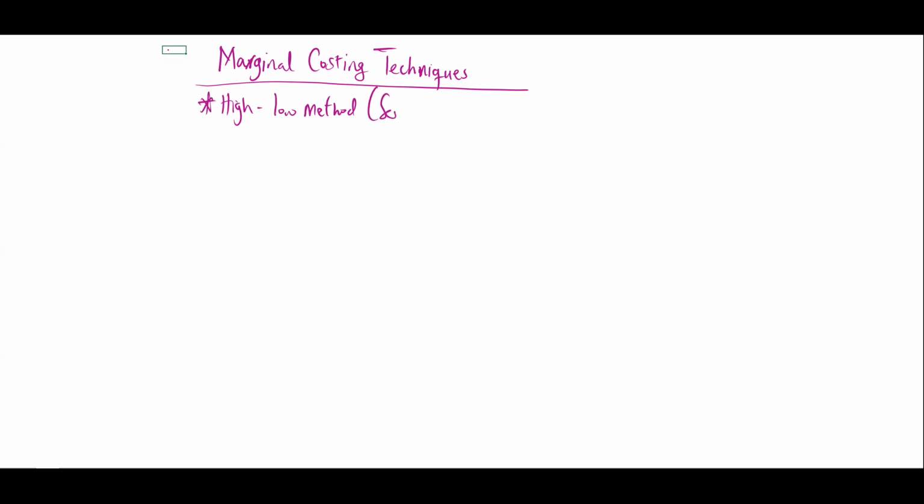Yes, sir. Okay, so let's look at some techniques that we can use marginal costing for. Have we done the high-low method? Yes, sir. So the first technique that you need to know for your exam is the high-low method, which is used for the separation of fixed from variable costs.